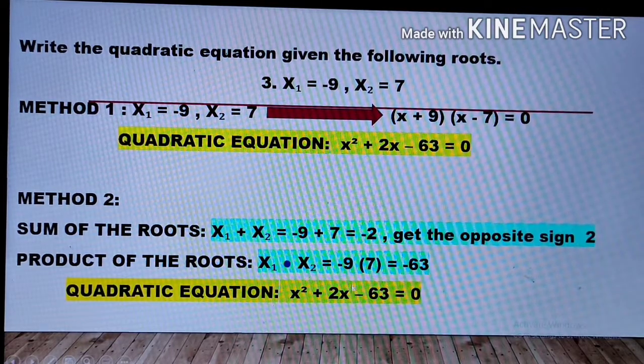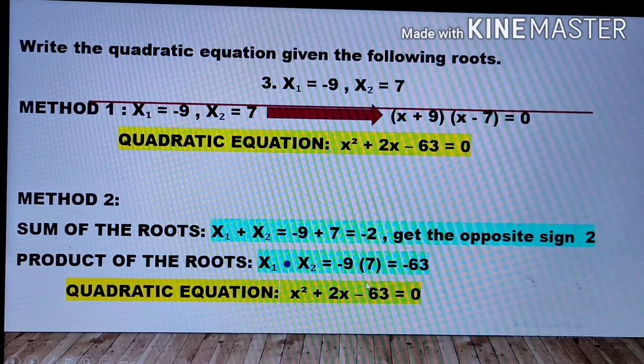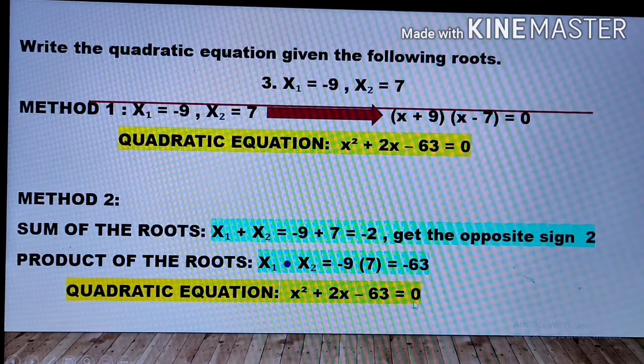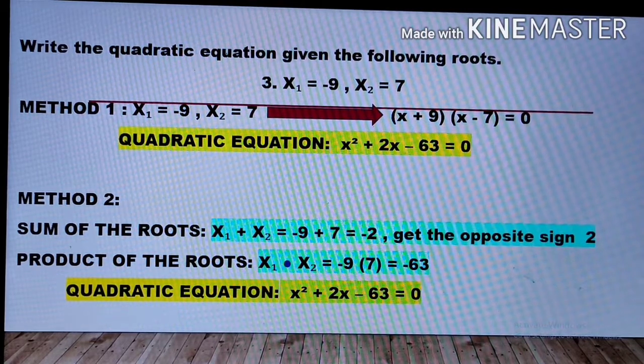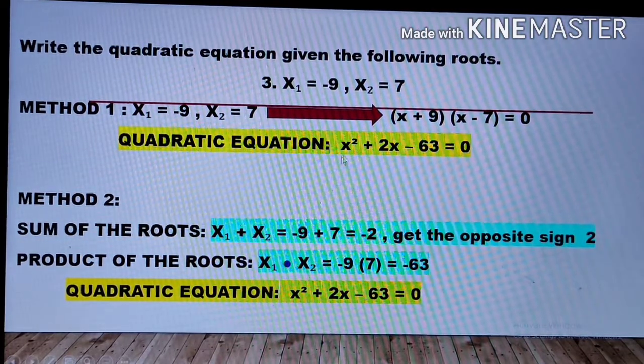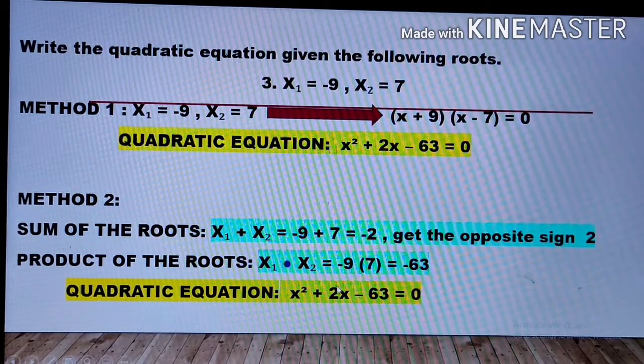Then, tabihan mo ng x. Then, ang ating last term naman is ang product of the roots. So, minus 63 is equal to 0. By the way, if ano yung sign ng number, yun din yung operation niya, ha? Okay, so diba, same lang, x squared plus 2x minus 63 is equal to 0.